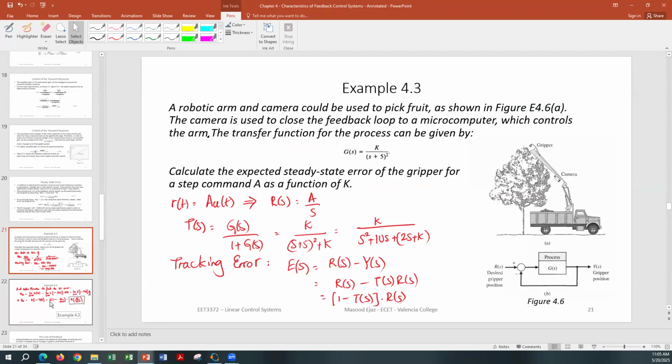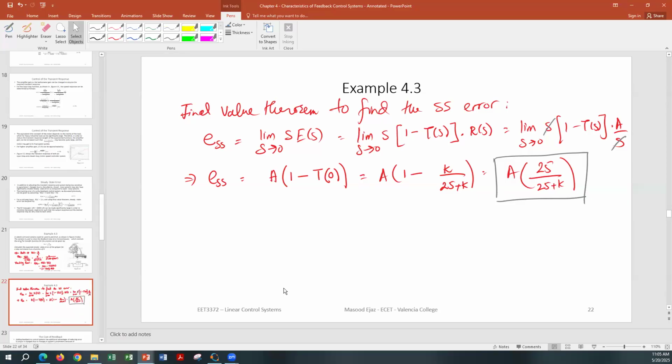K is part of the gain basically. Again, k has to be quite large in this case in order for the steady state error to become close to 0. That is, the output and input become quite close to each other.